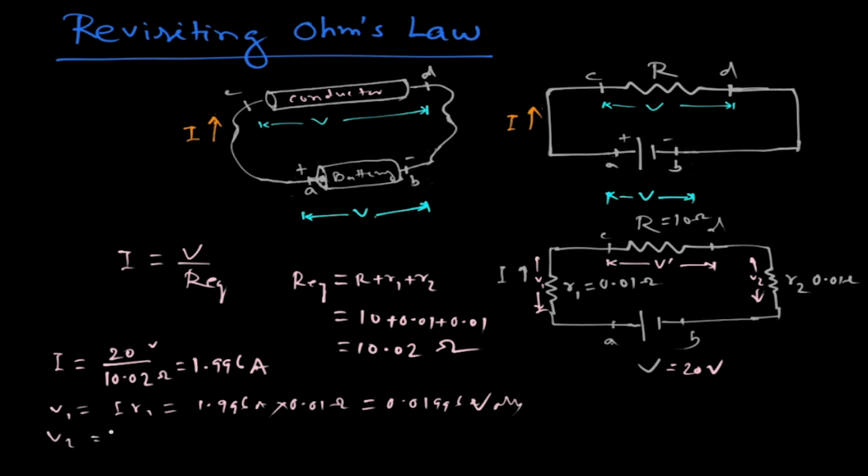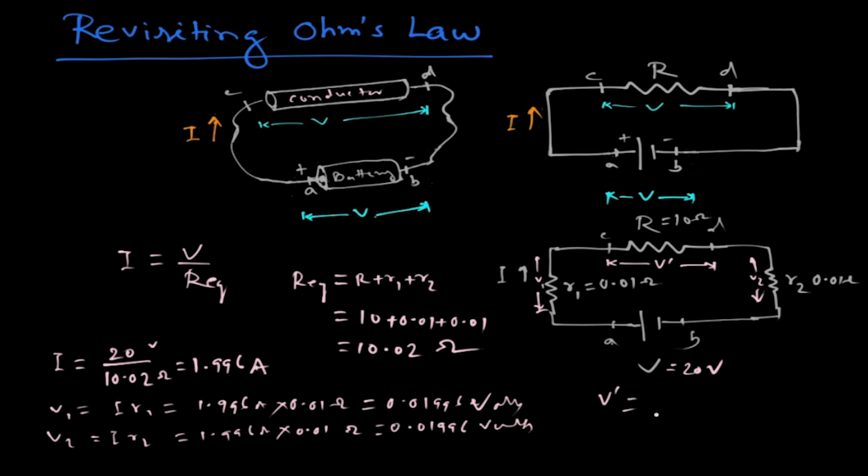Similarly, V2 is equal to IR2, that is equal to 1.996 ampere into 0.01 ohm, that is equal to 0.01996 volts. And what is V dash? V dash is the voltage across this resistance.